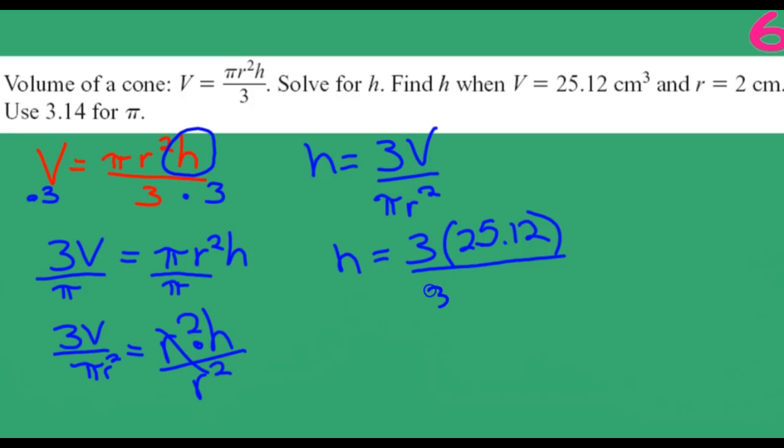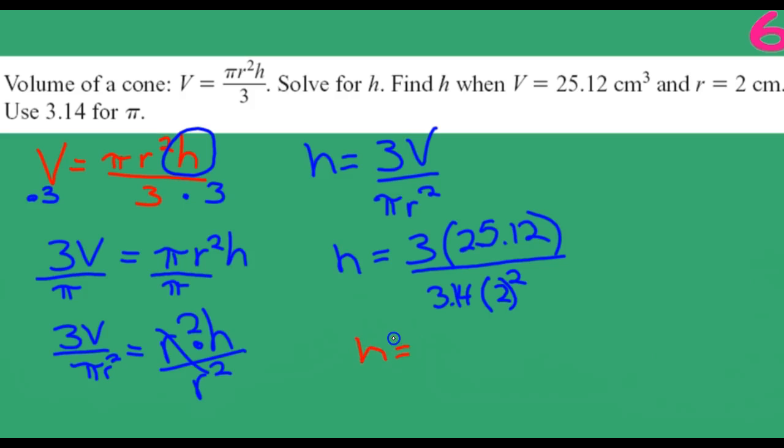We use 3.14 for pi times r squared, so 2 squared. So now our new equation is going to look like this.